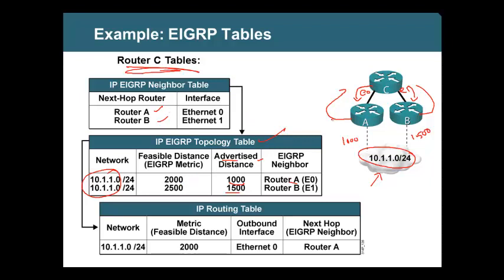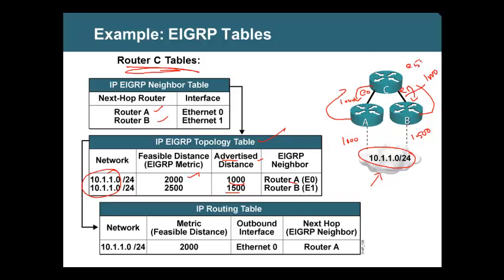Now for the router, there are two feasible distances. One is this 1000 and this 1000, which is 2000. Another one is this 1500 and 1000 here, which is 2500.